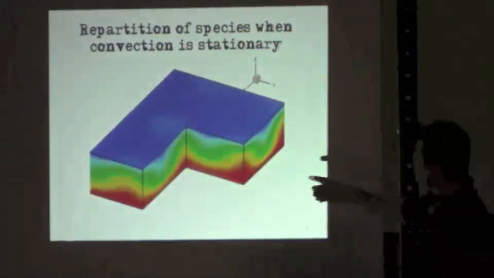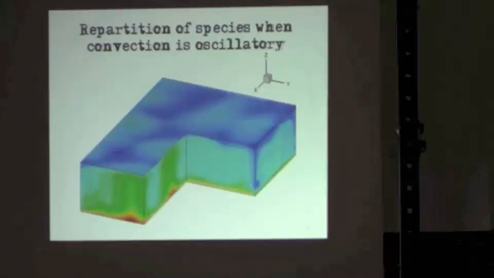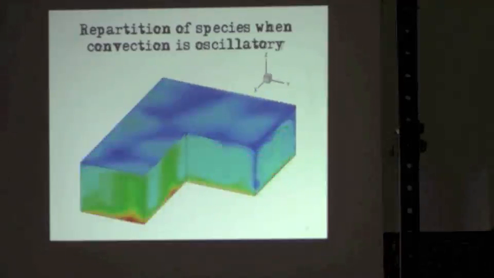We see that the liquids are very separated, but here in the oscillatory case the fluids are very mixed, so that the exploitation of the hydrocarbon reservoir will be more difficult.